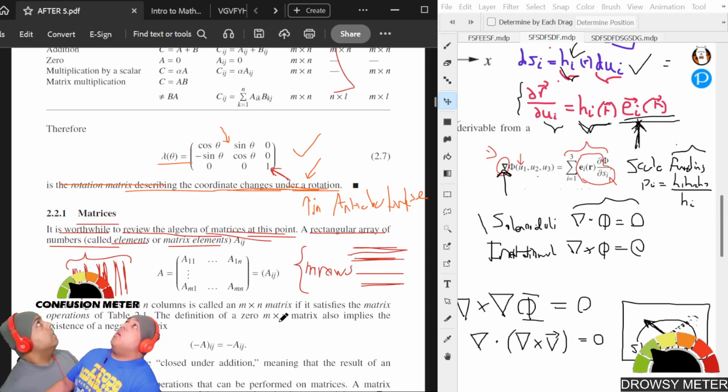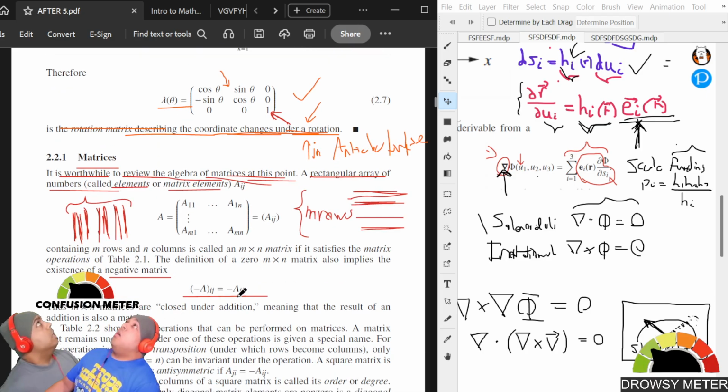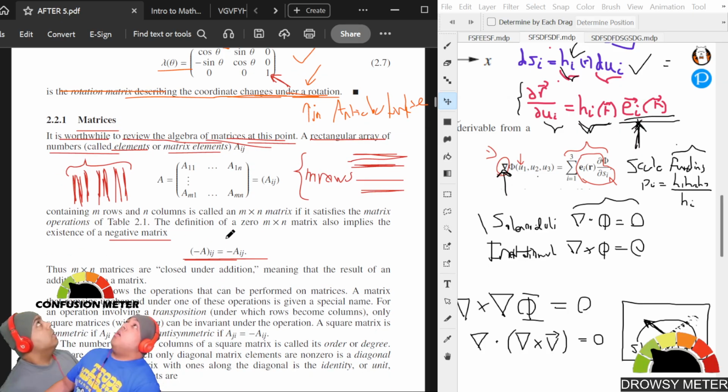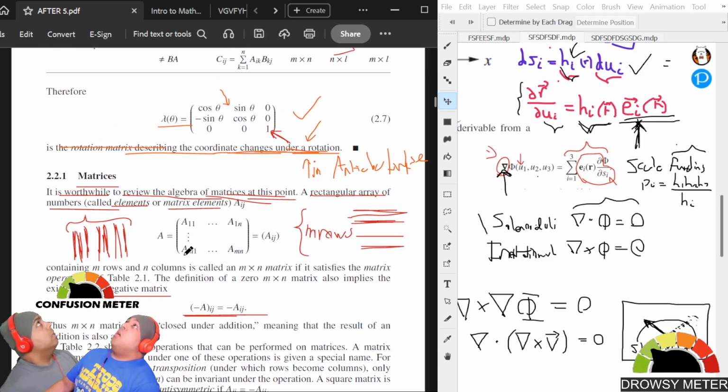The definition of a zero m by n matrix also implies the existence of a negative matrix. Okay, A equals this big thing here, and it's also equal to this. This big thing is called A, Aij.